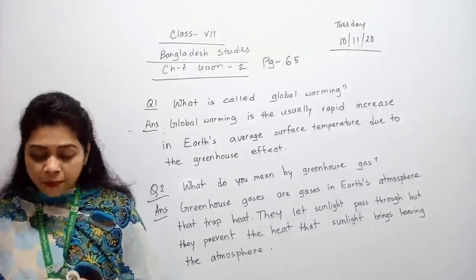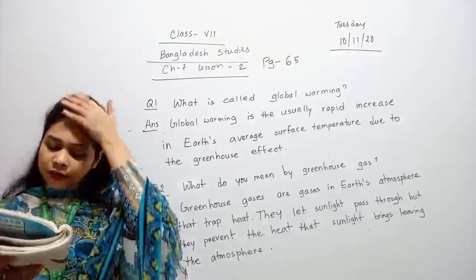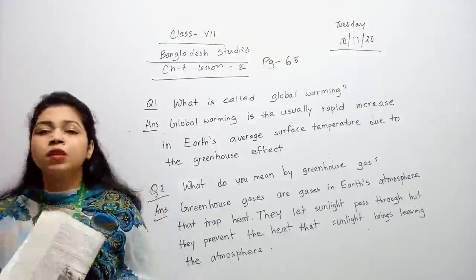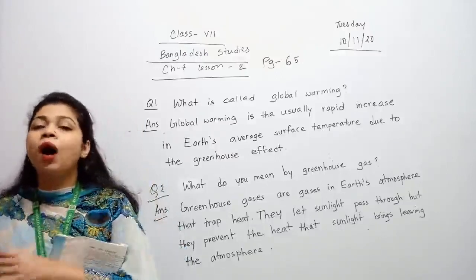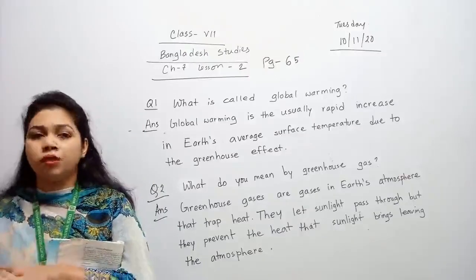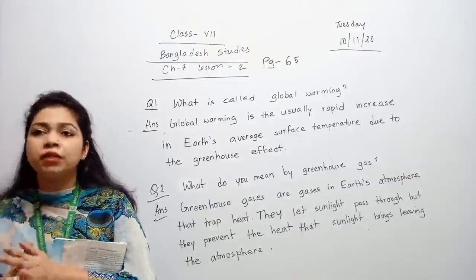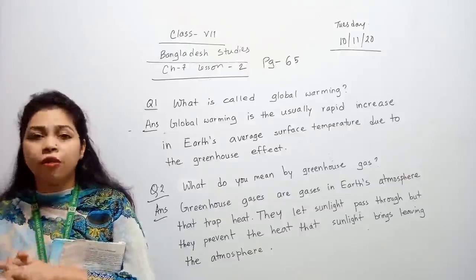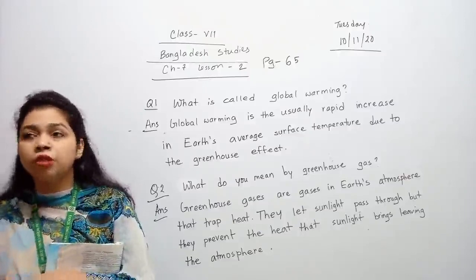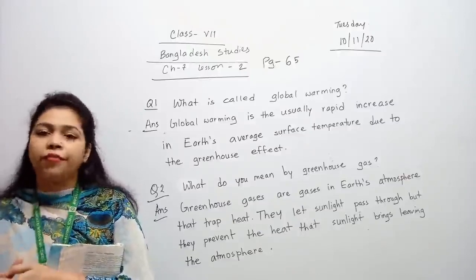The temperature of the earth is also rising due to continuous deforestation. Deforestation means that you are actually damaging the forest. That is called deforestation: cutting down trees, not keeping the forest. Why? To make industries and buildings.